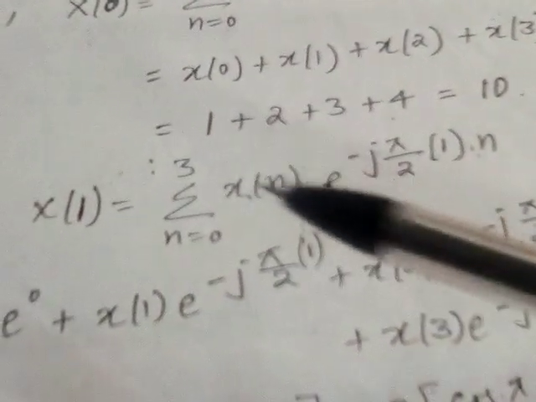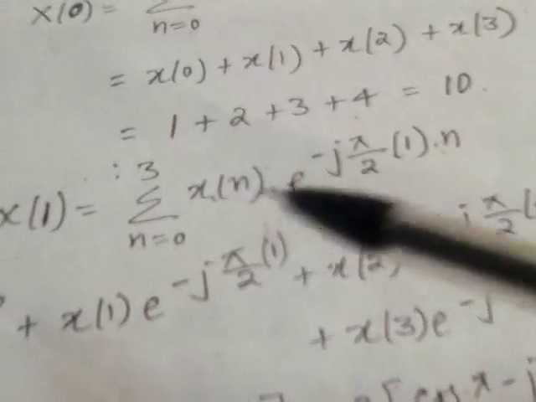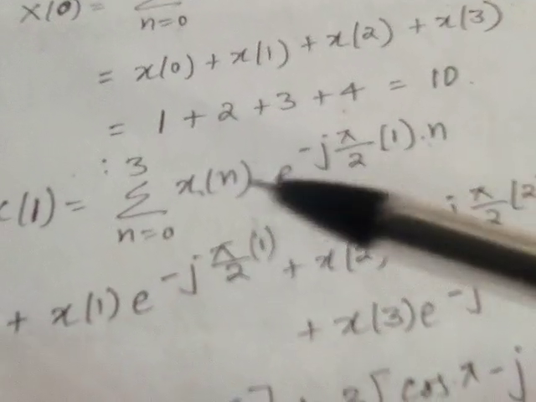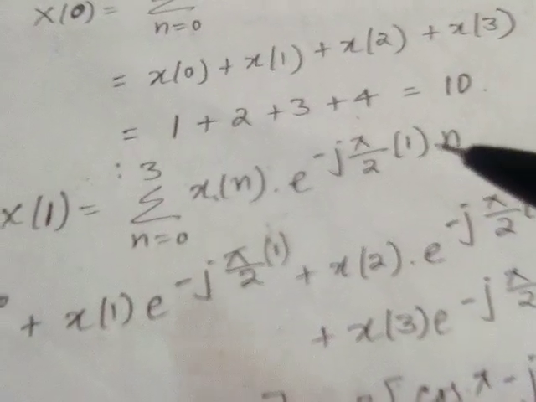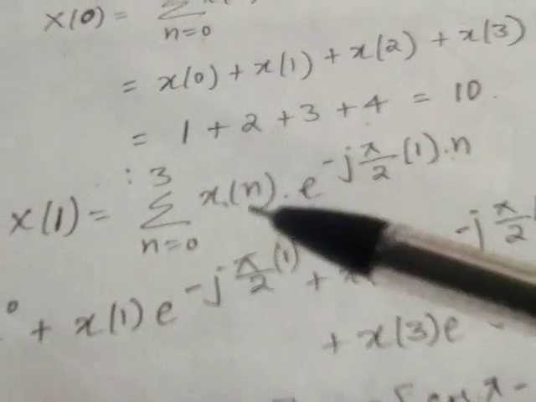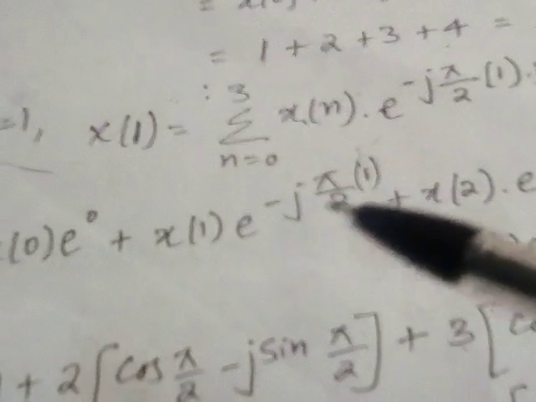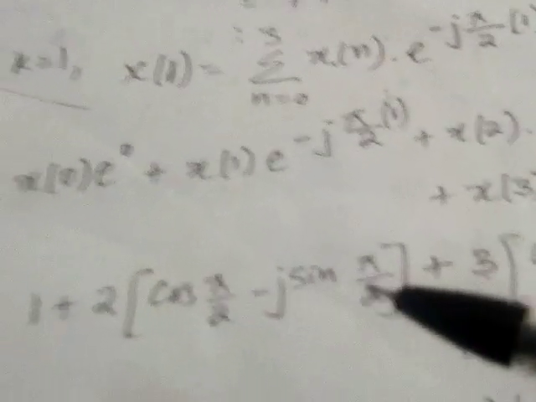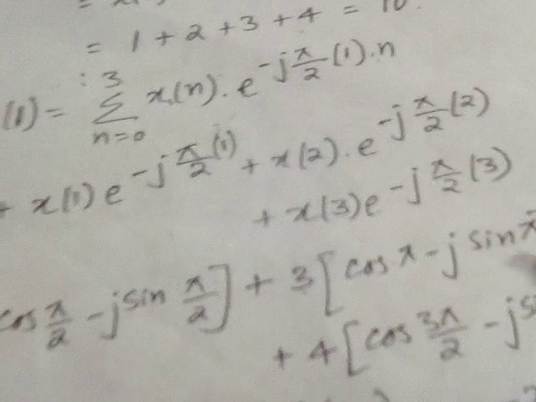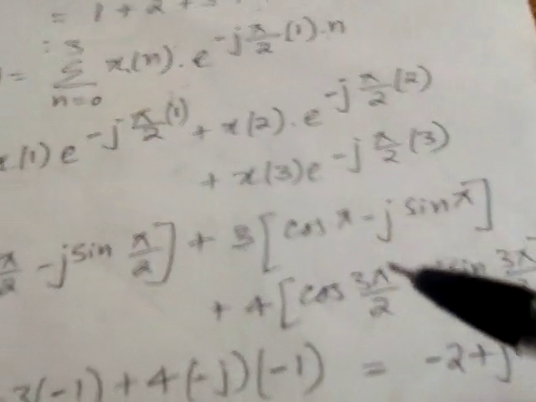Now put n equal to 0 to 3, so this becomes x of 0 with angle 0, x of 1 with 1, x of 2 with 2, x of 3 with 3. Summation, and you know e power minus j theta is cos theta minus j sin theta. Substitute. Clear?